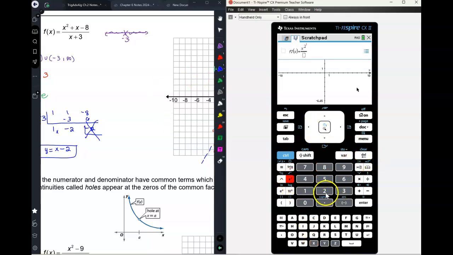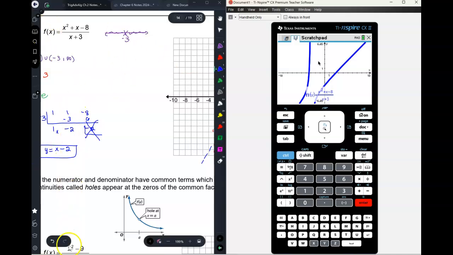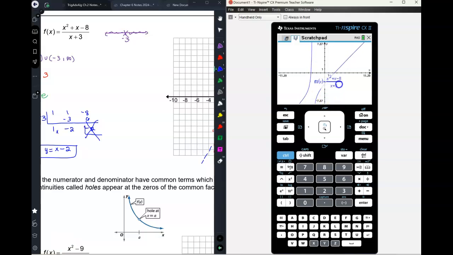X squared plus x minus 8. Why is it doing that? Oh, I see why. Okay, so then here, x plus 3. Oh my God. Gorgeous. Okay, let's do this. Oh, that's not what I meant to do.